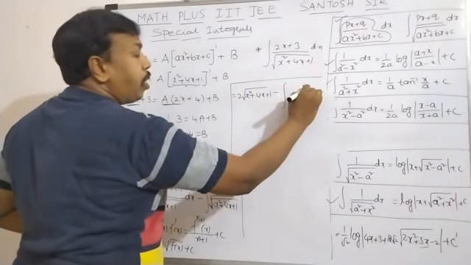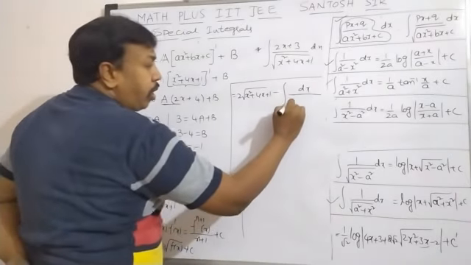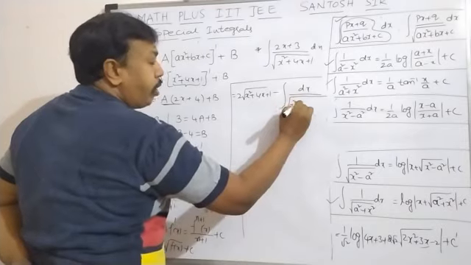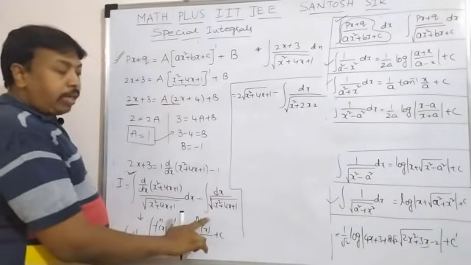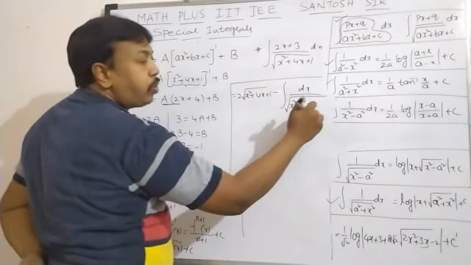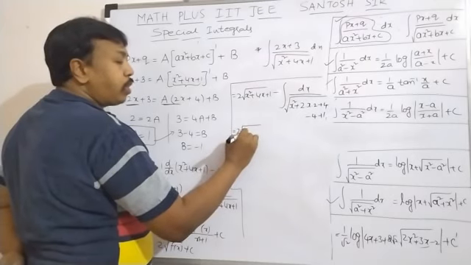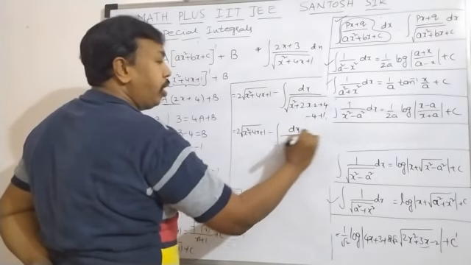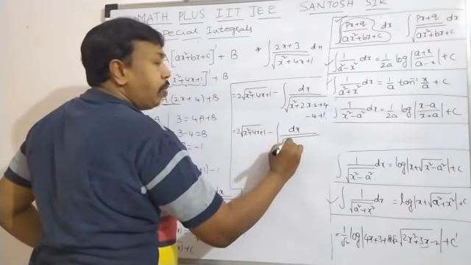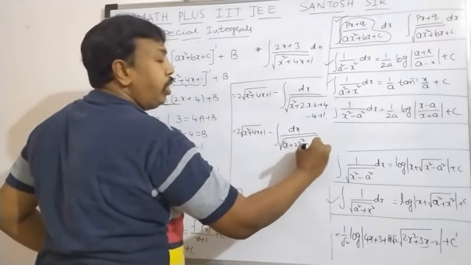the integral of dx upon under root of, where I make it into a completing square. x square plus 4x I write as x square plus 2 into x into 2. See, here a square plus 2ab, so b value is 2, so plus b square should be there, that is plus 4 minus 4, and again plus 1 is there. So this becomes the integral dx upon under root of x plus 2 whole square minus 3, which I write as root 3 whole square.